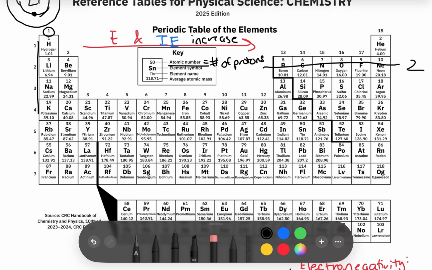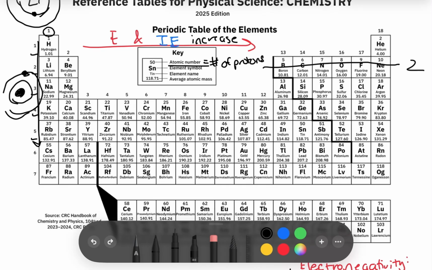Because as we move down a group, we can also see that the period number is increasing. And when the period number increases, that corresponds with the number of shells increasing. So as the number of shells increases, the valence electron on the outer shell is going to be less attracted to the positive nucleus because of something called the shielding effect.